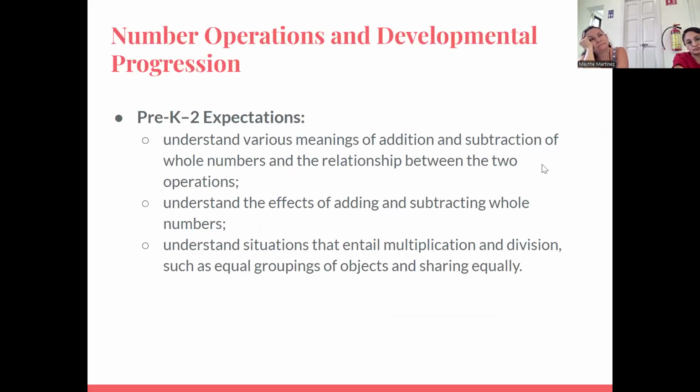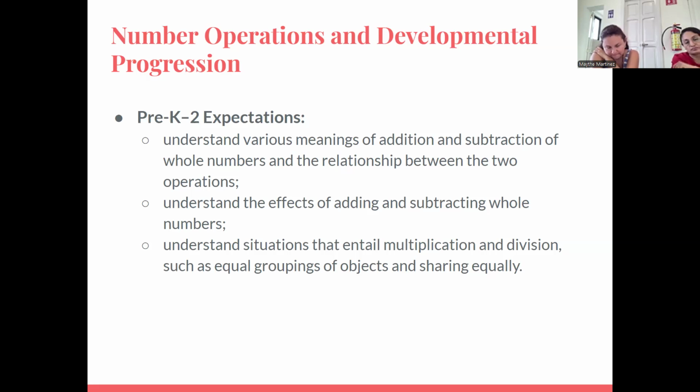So what are some general expectations to recap per grade level, from pre-K to second grade? Regardless of their grade level, they need to work a lot of time on addition and subtraction of whole numbers and the relationship between the two. When we add, it gets bigger. When we take away, it gets less.